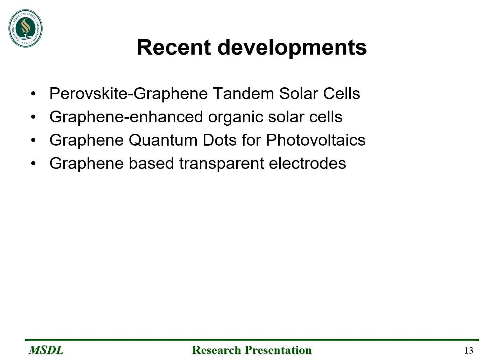Graphene has been used as a material to enhance the efficiency and stability of organic solar cells. Graphene quantum dots have been investigated as a potential material for use in photovoltaics due to their unique electronic and optical properties. And finally, graphene has been investigated as a replacement for traditional transparent electrodes, such as indium tin oxide, which are used in solar cells and other electronic devices.